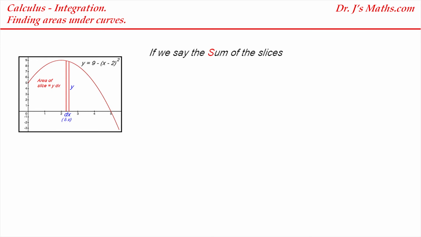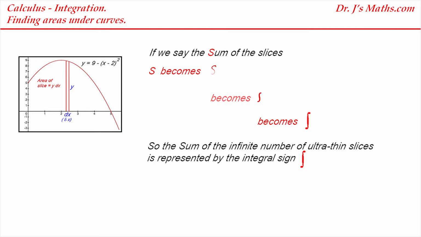If we say the sum of all the slices, sum starting with s, then we can stretch out the s a little bit and it becomes this shape, and then we stretch it out a bit more, it becomes this shape, then we stretch out a little bit more and we have this fairly familiar but unusual shape. So the sum of the infinite number of ultra-thin slices is represented by the integral sign.